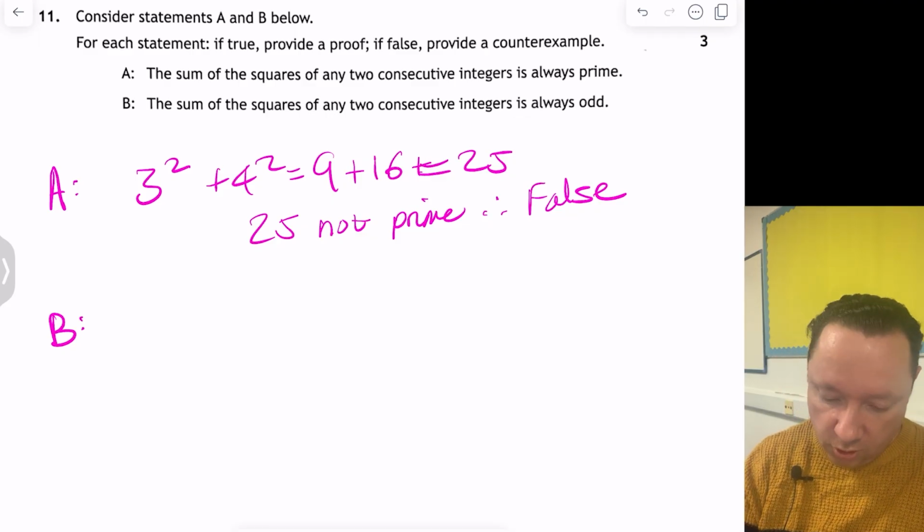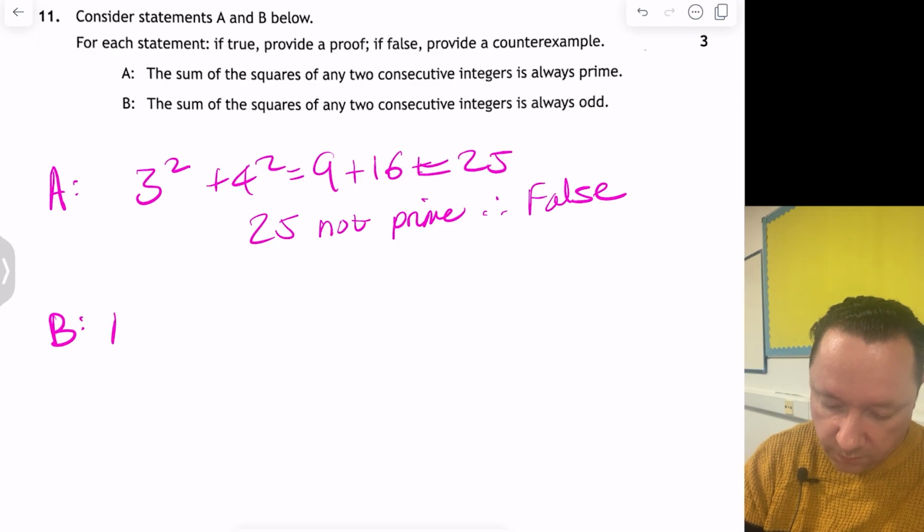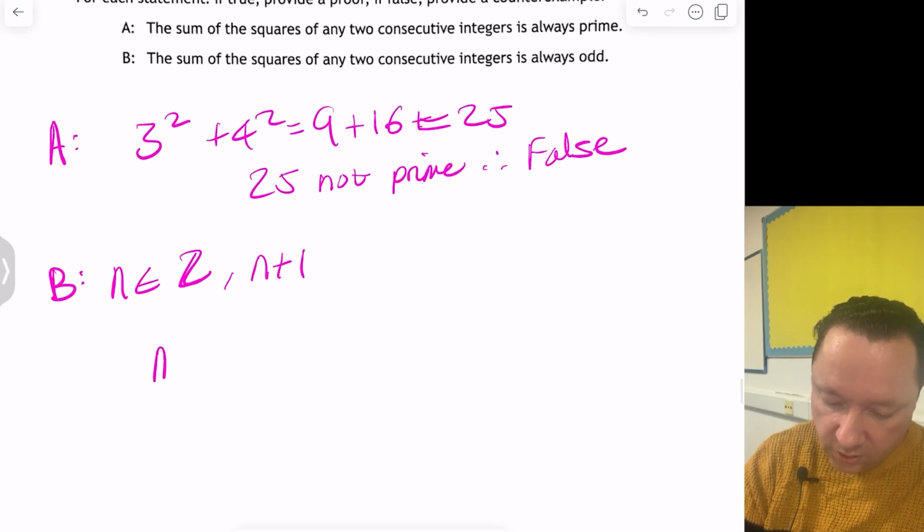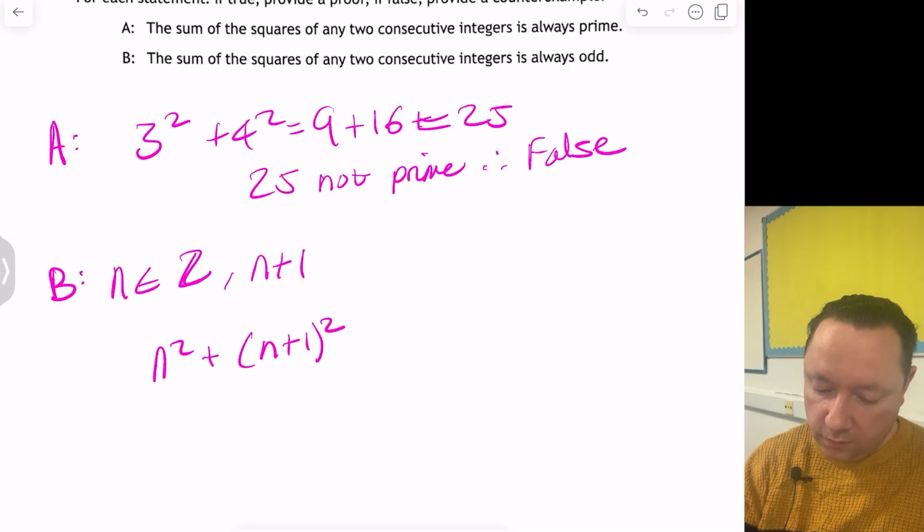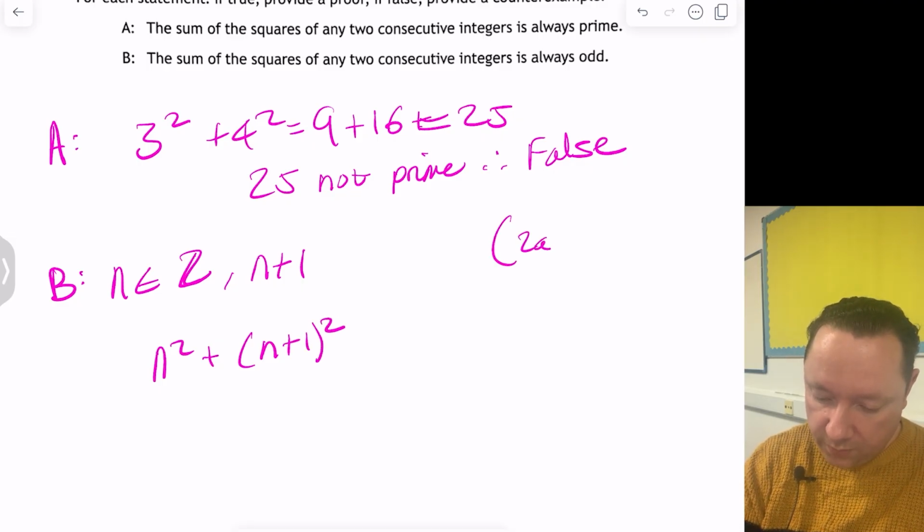Let's see if that is true by saying that, let n be an integer, and then the next one is n plus 1. So you're going to have n plus n plus 1. And just a reminder, looking at odd, the form you're looking for is 2a plus 1, or 2n plus 1, whatever.